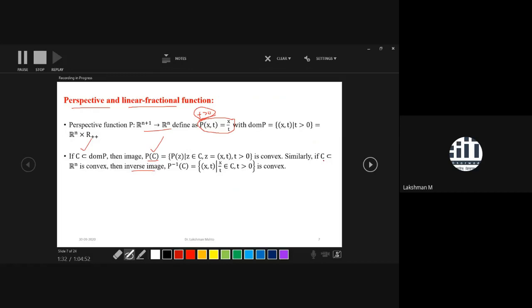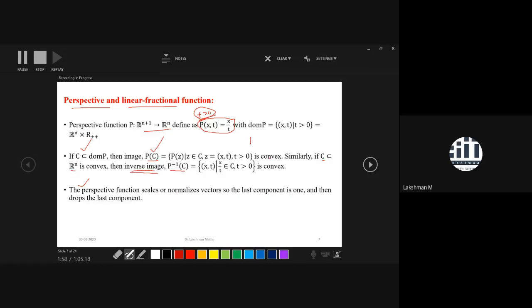Similarly, if you take any convex set from the codomain Rn, then the corresponding inverse image P inverse C, which is just the notation for inverse image and not an inverse function, would again be convex. Further, the perspective map scales or normalizes the vector so that the last component becomes 1.